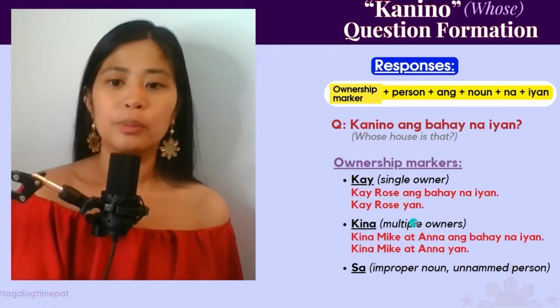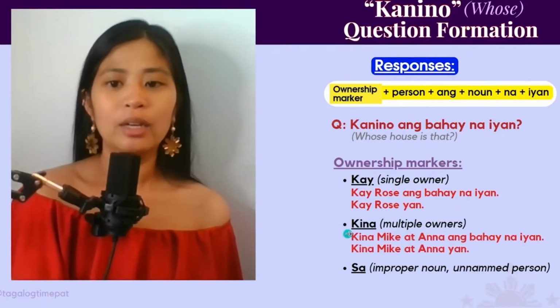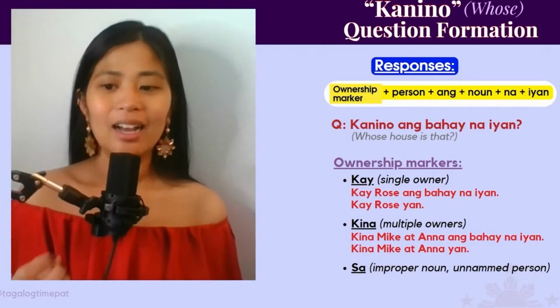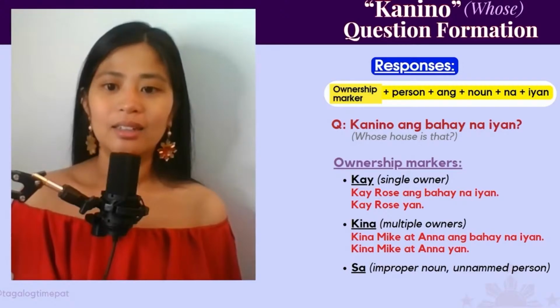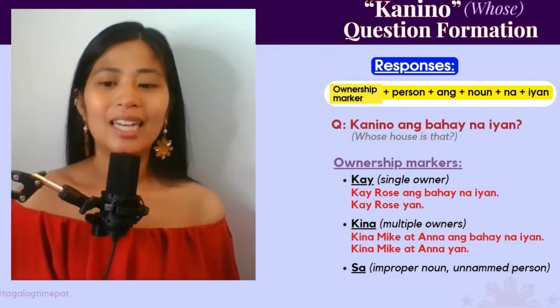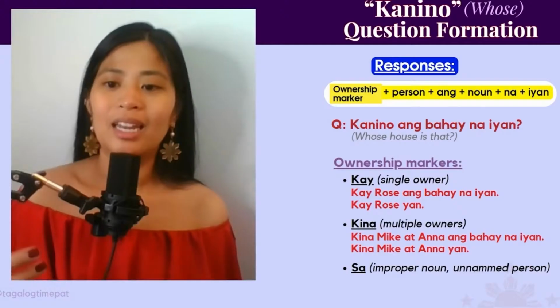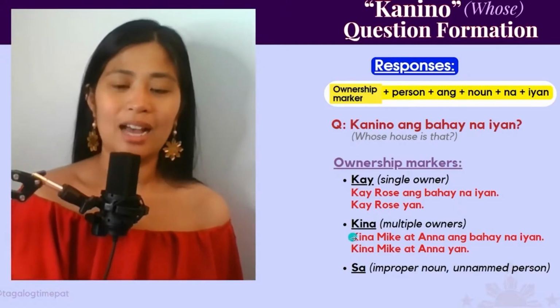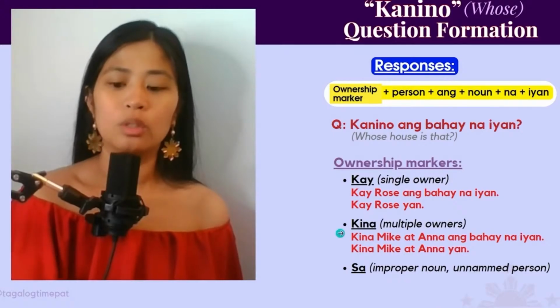Versus if there's multiple owners, kaninong bahay yan? Whose house is that? Kina Mike at Ana ang bahay na iyan. Or kina Mike at Ana yan. That is Mike and Anna's house. I want to point out there's kina. You would use kina when there's more than one person owning that thing.